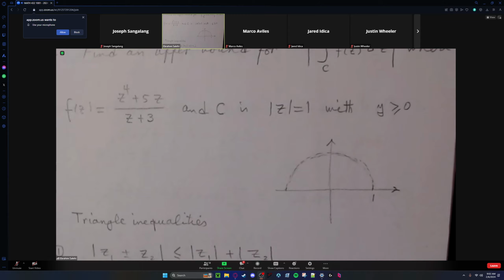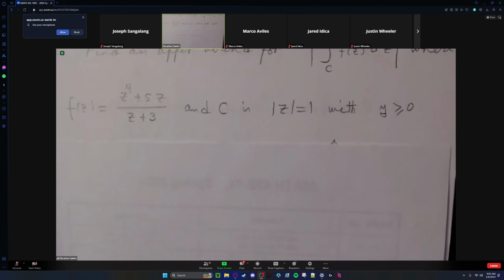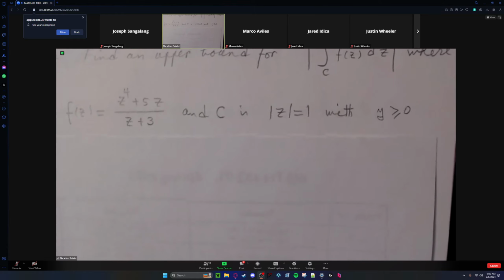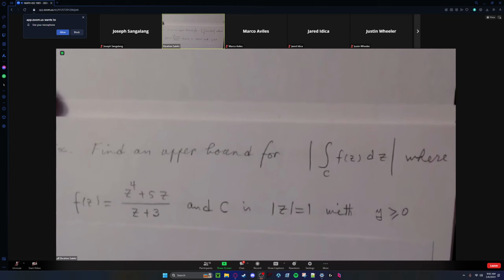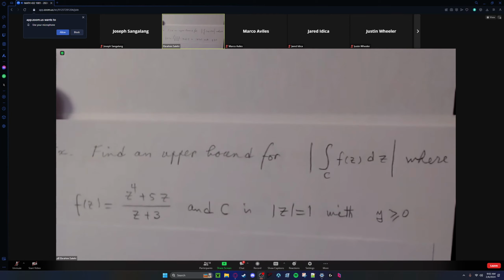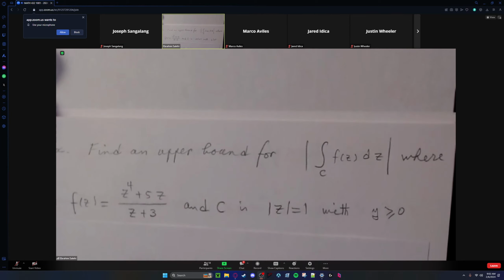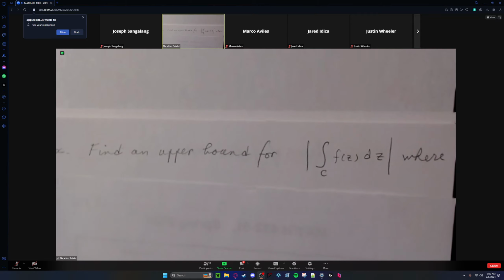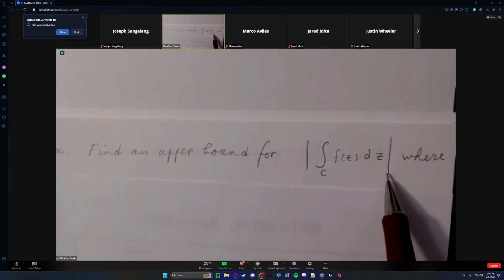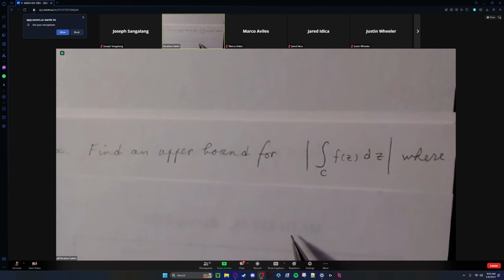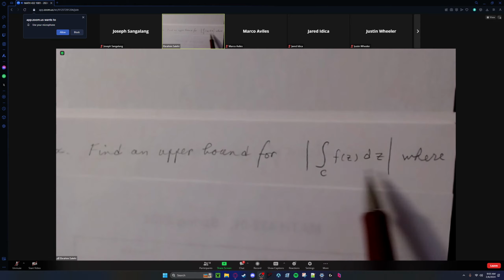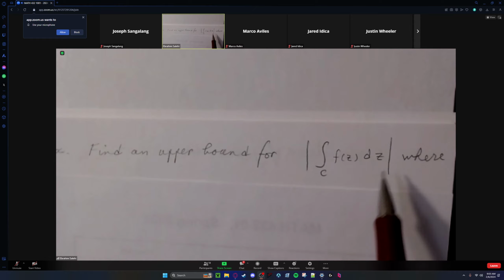Remember, the ML inequality is good for finding an upper bound for this integral. It tells us how large this integral can get, the modulus, of course. So here's an example. Find an upper bound for this one.